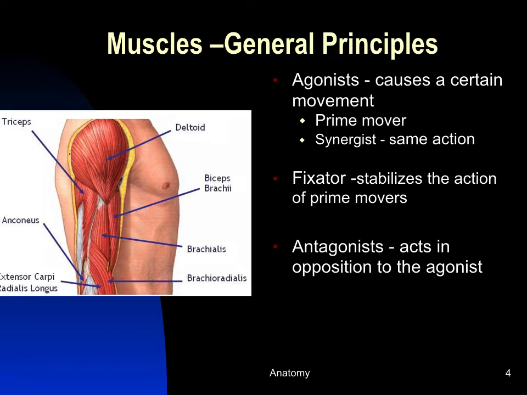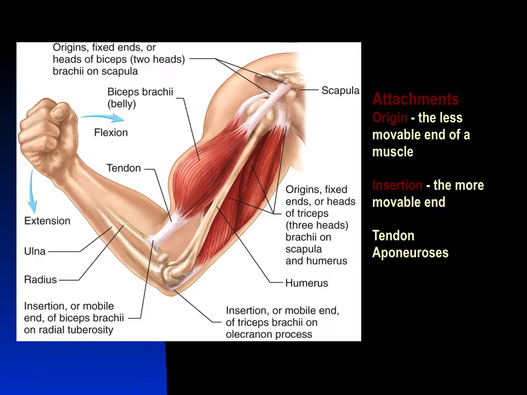Whenever a muscle contracts, there are also fixators, muscles that stabilize other parts, particularly the origin of the prime mover. Fixators work with the agonists, and antagonists are muscles that have the opposite action, so they'll return the joint back to its original position. Here we see the biceps brachii. Okay, we see its attachments, its two heads from the scapula.